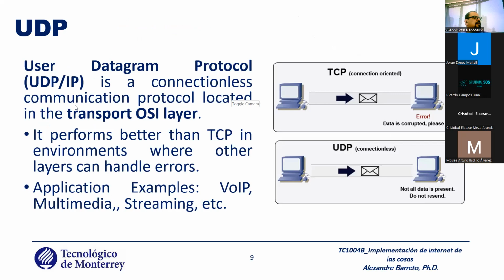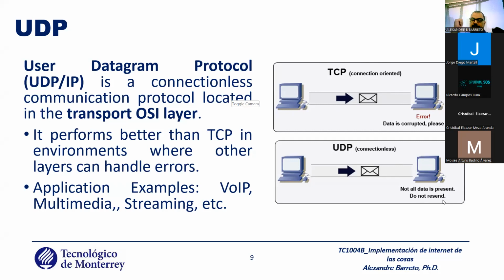It is a connectionless communication protocol located in the transport layer. With TCP, you send a message and you inform if the data is corrupted: please resend. In UDP, not all data is present. It does nothing. It can't handle this problem, okay?